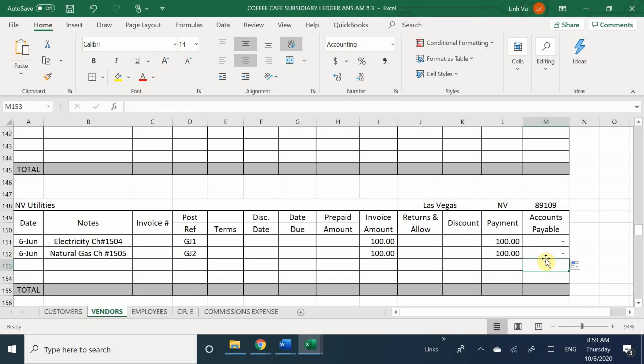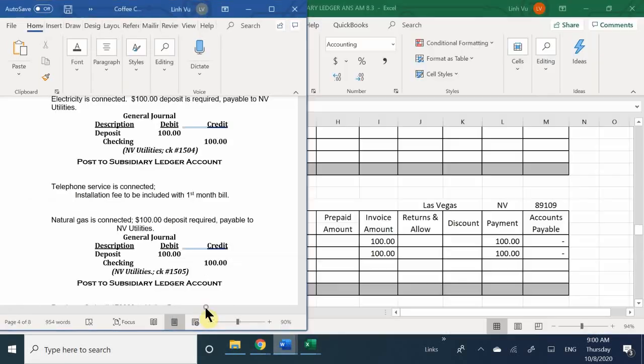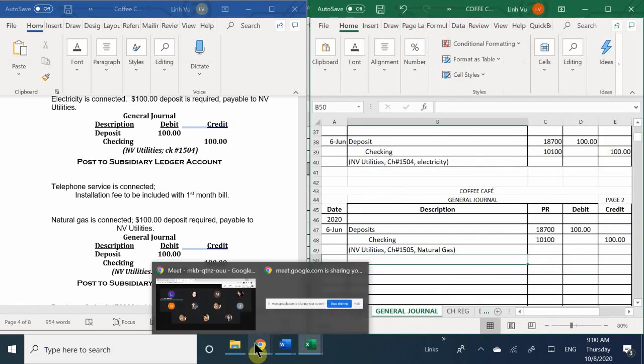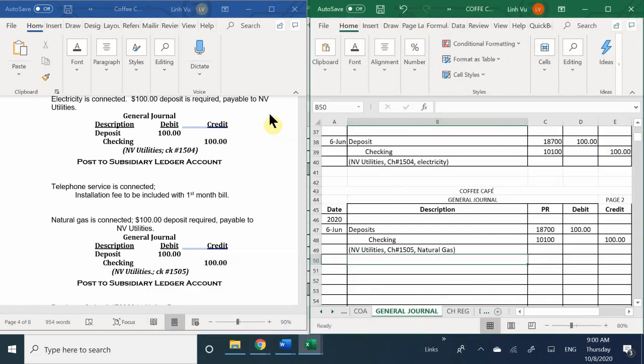They usually give you either a month to pay it back, or a week, or if it's due on the 1st of every month, then you do so. Okay? So now that my subsidiary ledger is complete, what has happened next?